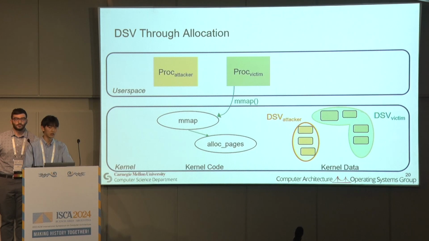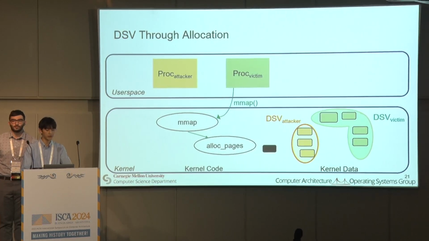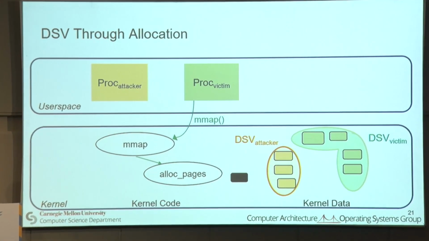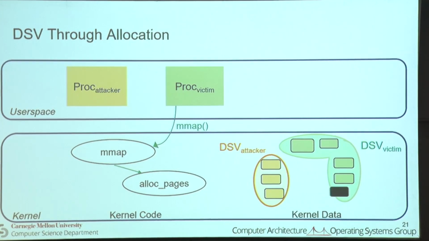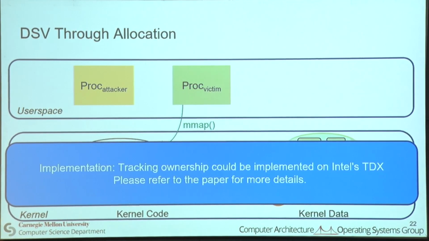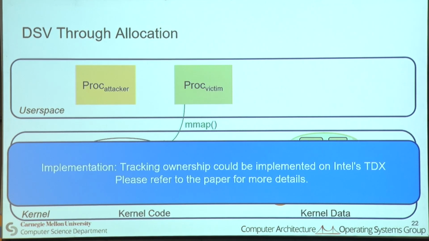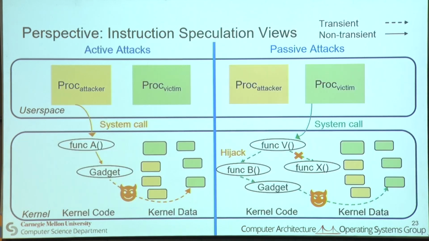Then the kernel internally calls alloc pages, and it will allocate a page, represented here as a black box. Since the victim requested the page, we consider the victim as owning the data. Hence, our modified kernel associates the allocated page to the victim's DSV. For implementation, tracking ownership could be implemented on Intel's TDX. Please refer to the paper for more details here.